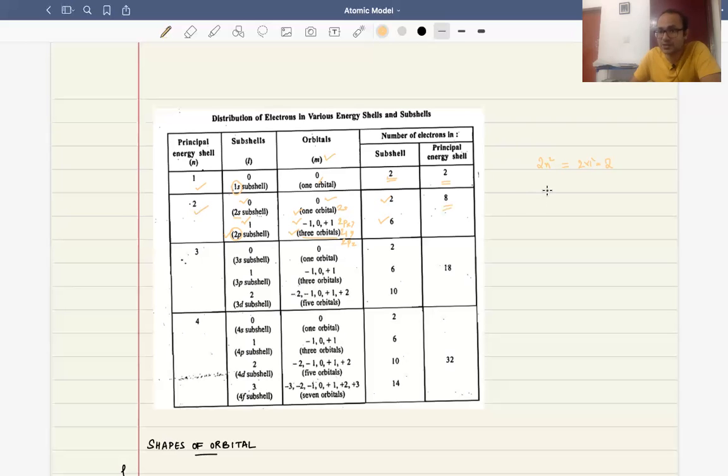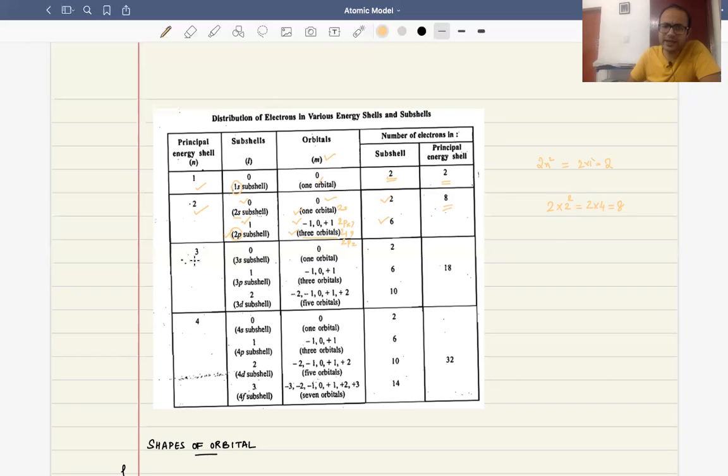That is also calculated from the formula 2n square, where n value is 2, so it is 2 into 4, which equals 8. So you easily understood how we are able to calculate the number of electrons here.